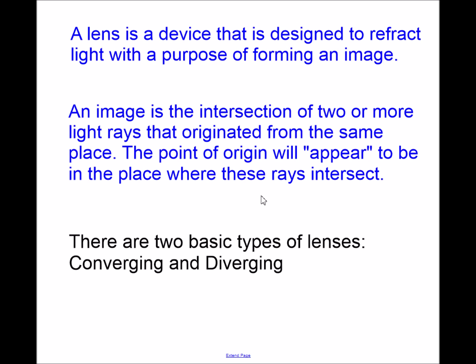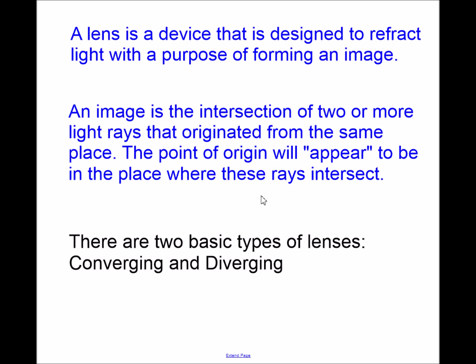I want you to imagine when you look at yourself in the mirror, you see yourself behind the mirror. Now, you're not really behind the mirror, you're in front of the mirror, but your brain thinks you're behind the mirror because the light rays that are bouncing off the mirror appear to come from behind the mirror. And so that's why you think you are in that position.